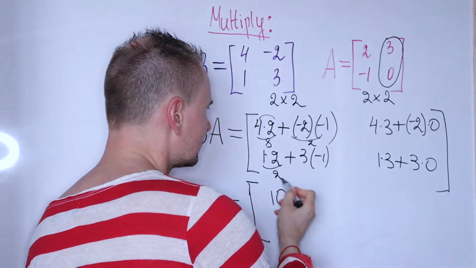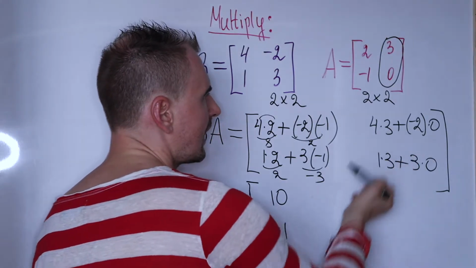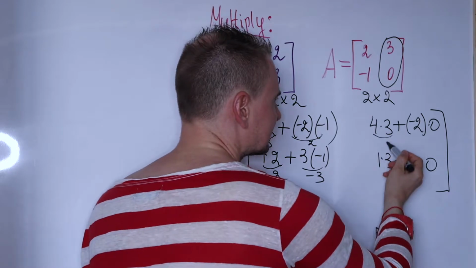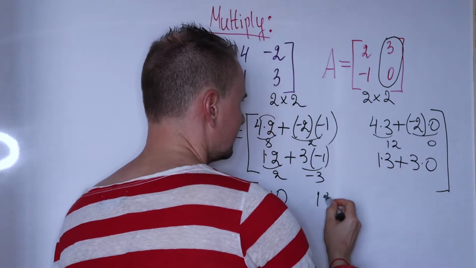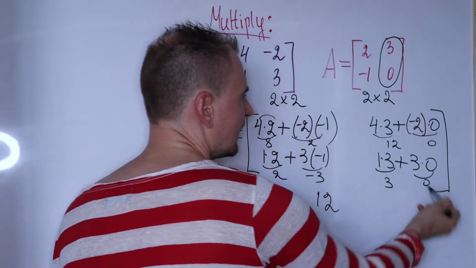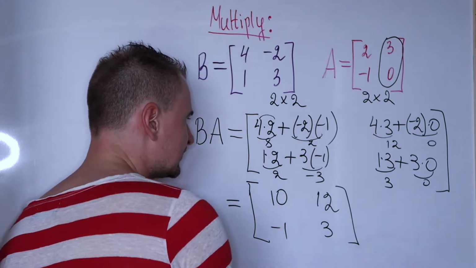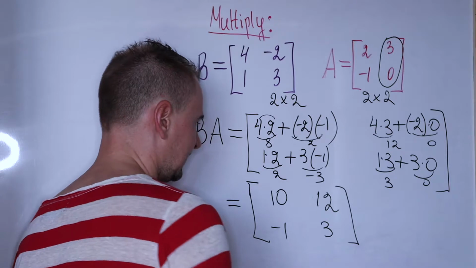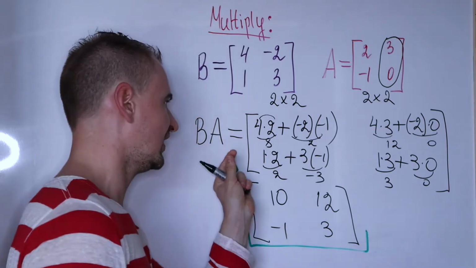So 2 minus 3, negative 1, and these 2, so this is 12, and that gives you 0, so you would be left with 12. And finally the last, this is 3 and this is 0, so you would be left with 3. So this is your resulting matrix. So this is your product B times A.